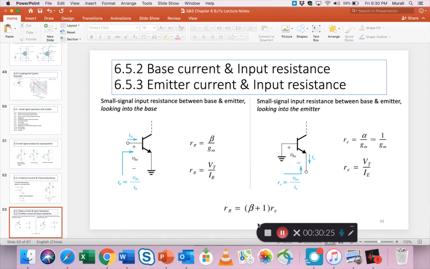And here's one more definition, beta plus 1 times Re. What is Re? Look to the right side. If you're looking at the base emitter circuit from the bottom, then Re equals the base emitter voltage, the same voltage as the numerator here, divided by the IE.